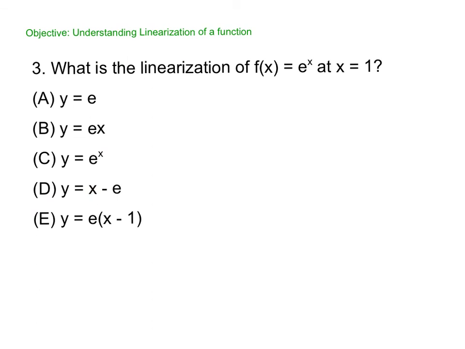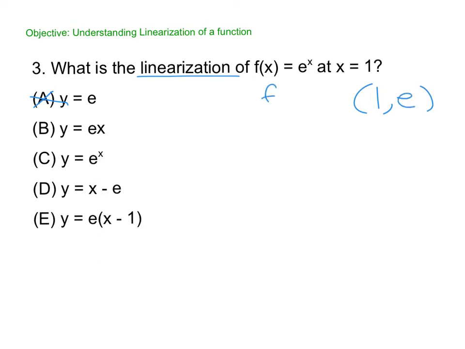Okay, try this one on your own. So this is an AP question, right? What is the linearization of F? So linearization, tangent line. So automatically, I can eliminate A because it has to have some kind of X in it, right? So 1, comma, what's my Y value? E, right?